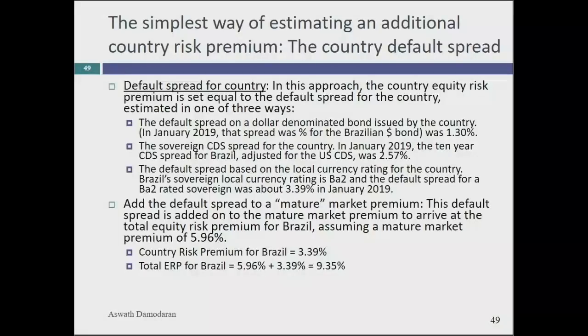I'm going to add the 3.39% to the 5.96%, and my risk premium for Brazil is 9.35%. This is the state of the art, if you can even call it that, of how investment banks compute equity risk premiums in other countries. They start with the US base, and they add on top of it a measure of the default risk, either the CDS spread or the default spread from a government bond or a default spread based on the rating. And they dust their hands off and say, I have a risk premium for Brazil.